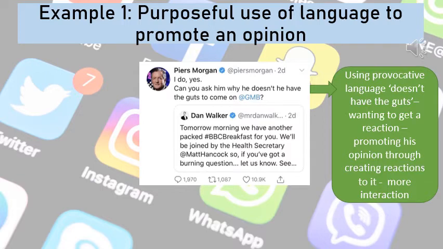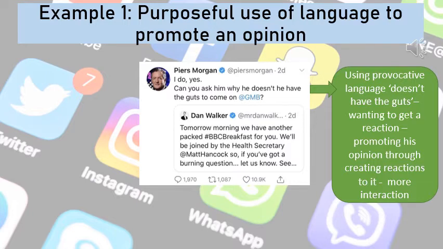He wants to get a reaction by using this phrase, and he's promoting his opinion through creating this reaction to it. The more people that react and interact with this tweet, the more people will see his opinion. Therefore, by purposefully choosing language that creates a bigger reaction, he is actually spreading his opinion further and wider.